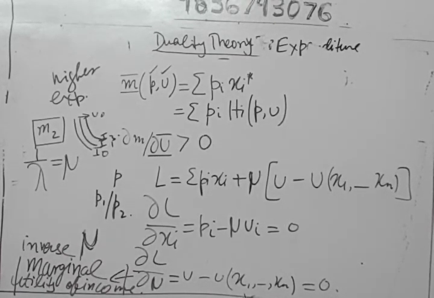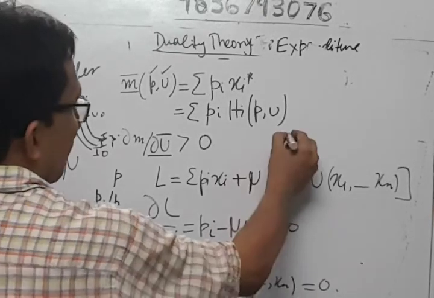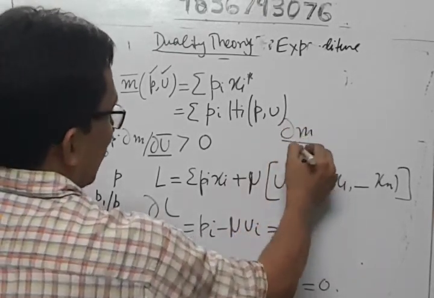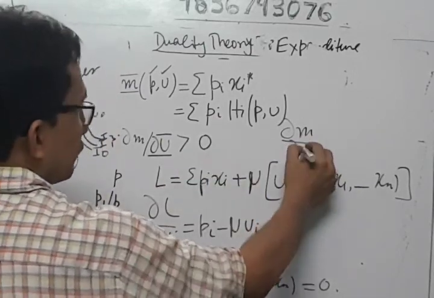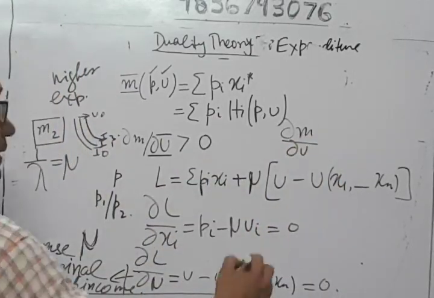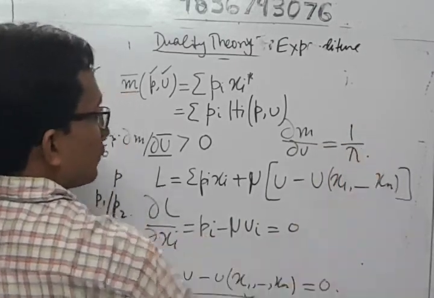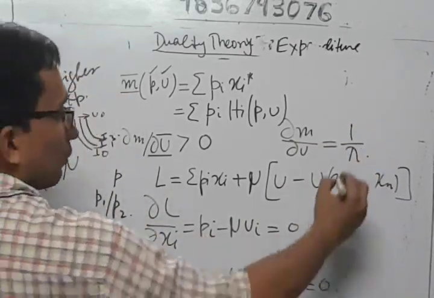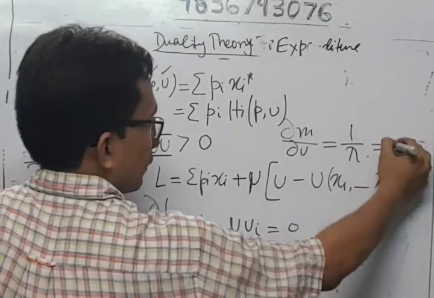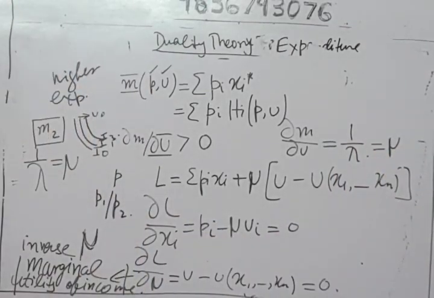So this derivative, that is del m by del u, which we were discussing here, is nothing but the inverse of the marginal utility of income, which is again equal to the Lagrangian multiplier mu.